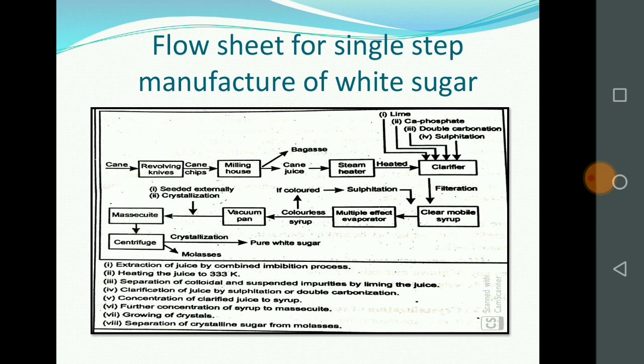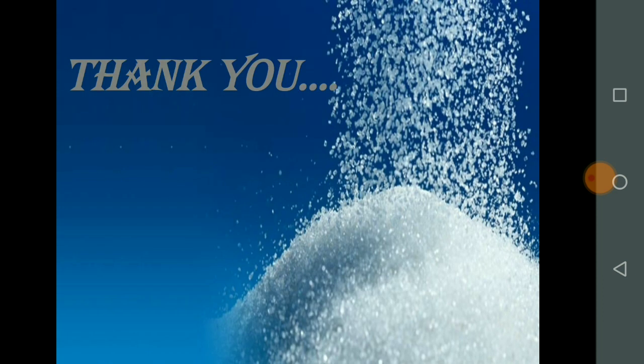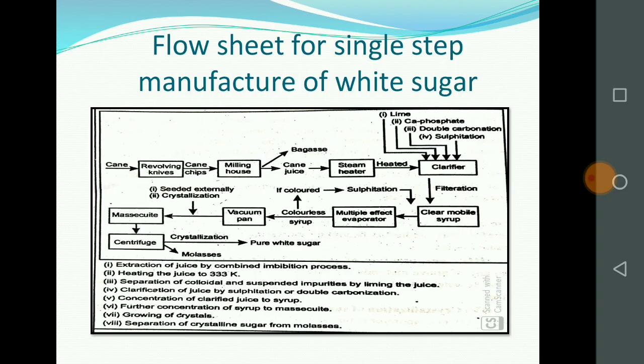The thick sugar syrup obtained from the multiple effect evaporator is further concentrated to massecuite containing 9 to 11% water in a strike pan. And last is the centrifugation. The sugar crystals are separated from mother liquor in a centrifuge machine. The path followed by cane to cane sugar in the single step manufacturing process is given here.